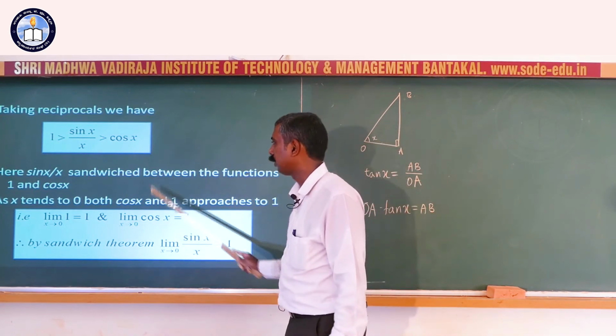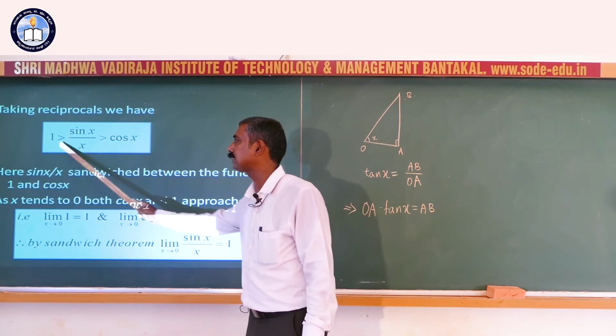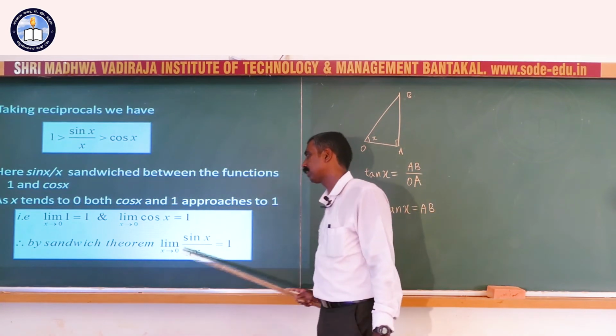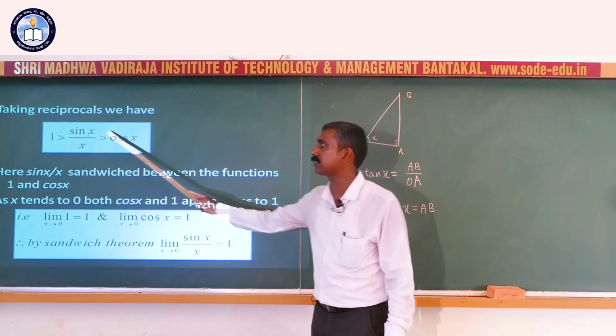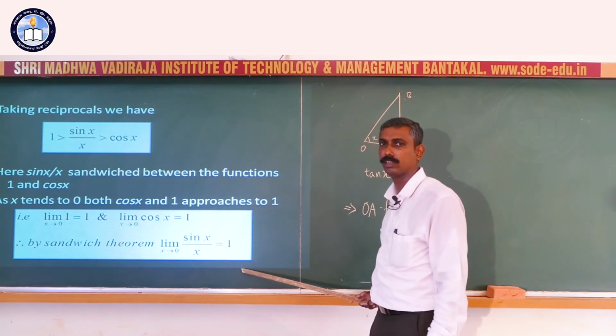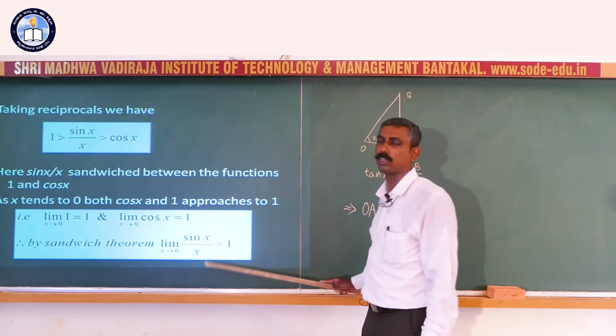So when x is tending to 0, both cos x and 1 are approaching 1. So sin x by x, as it is sandwiched between cos x and 1, tends to 1. So, by the sandwich theorem, limit x tends to 0 of sin x by x is equal to 1.